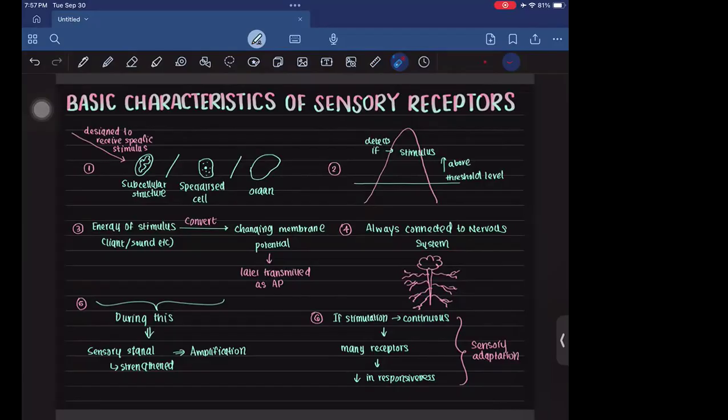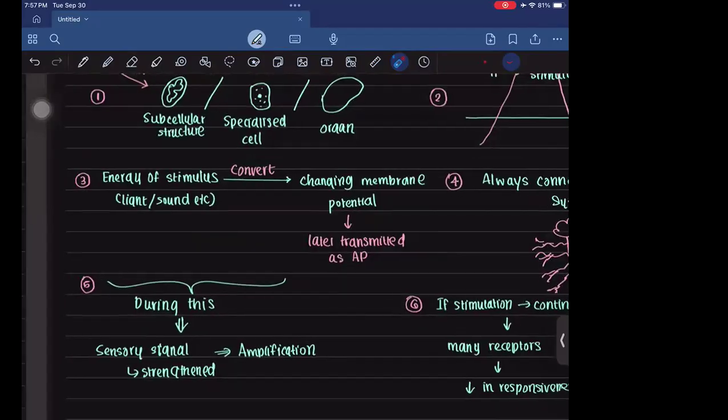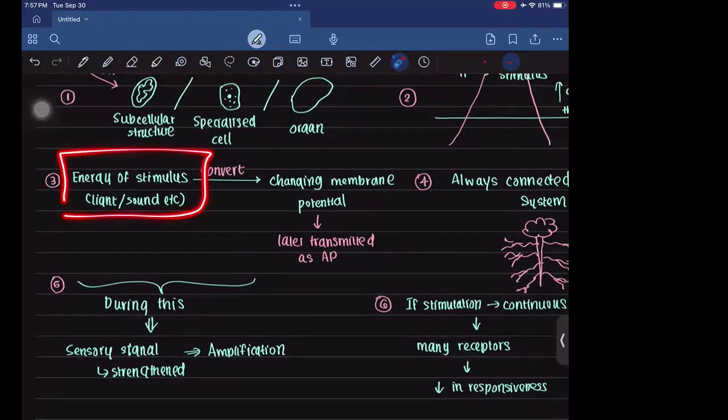your brain. Okay. Now see, when they are converting the energy of the stimulus into the changing membrane potential, they can actually strengthen the sensory signal. This sending of information to your nervous system is basically the sensory signal. The sensory receptors are sending a signal to your central nervous system.